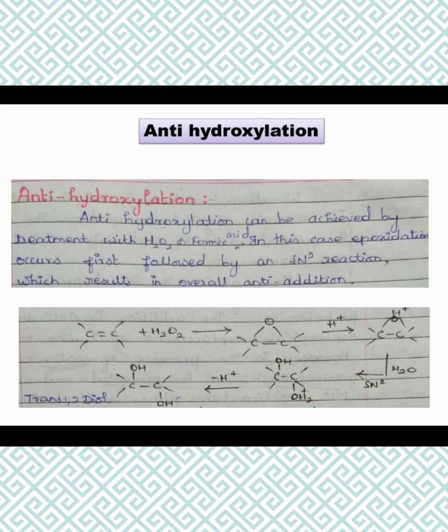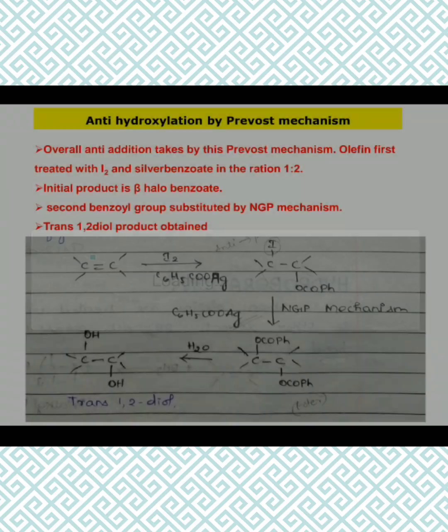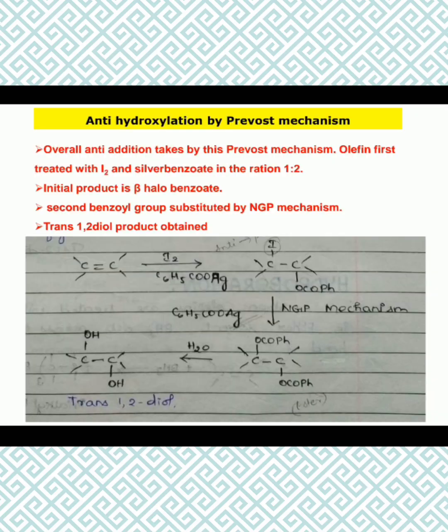So using hydrogen peroxide, the major product is trans 1,2 diol. So anti-hydroxylation is achieved by using the catalyst hydrogen peroxide. Another method for anti-hydroxylation is the Prevost mechanism.